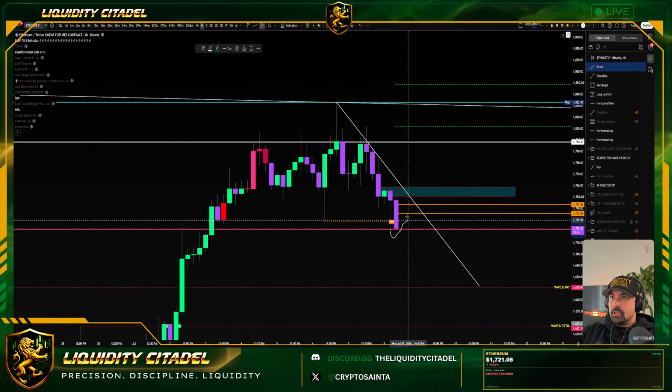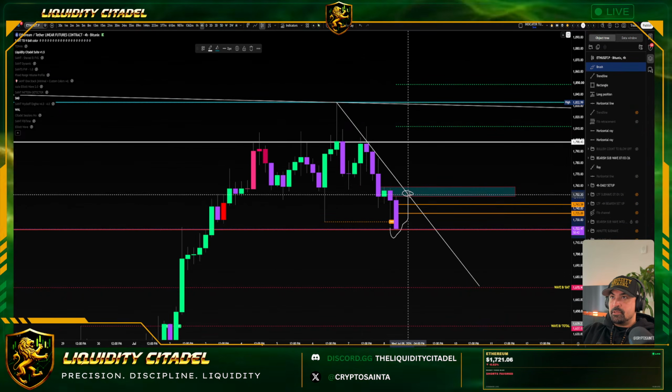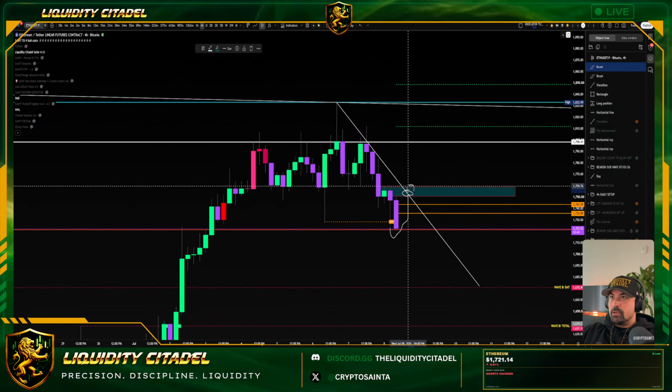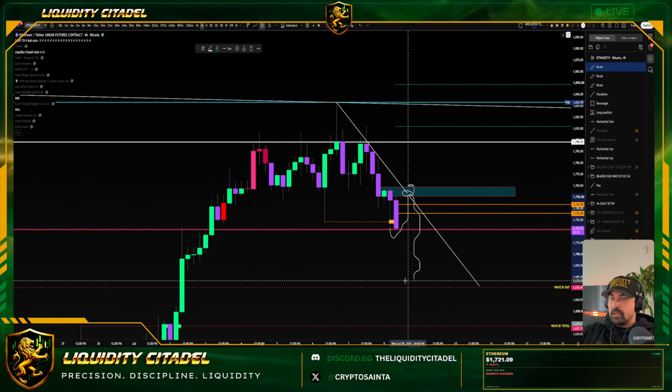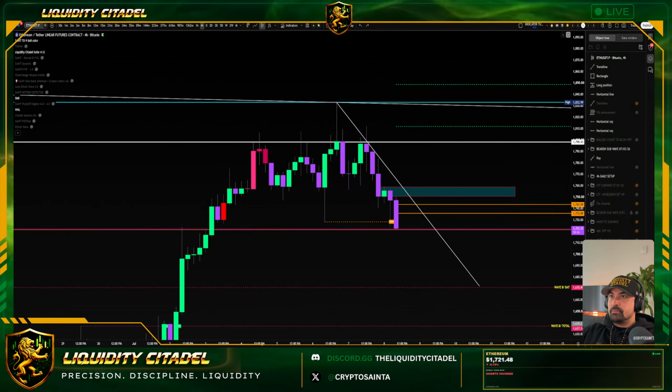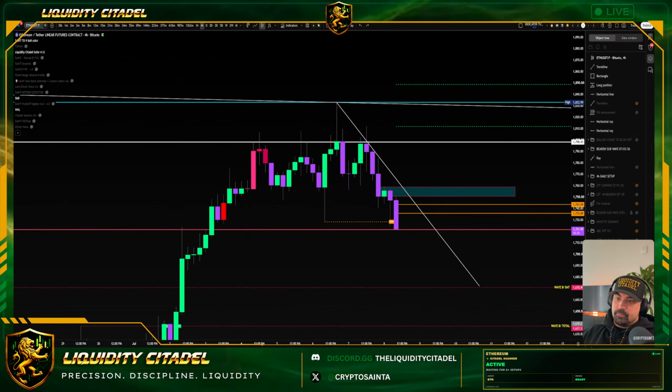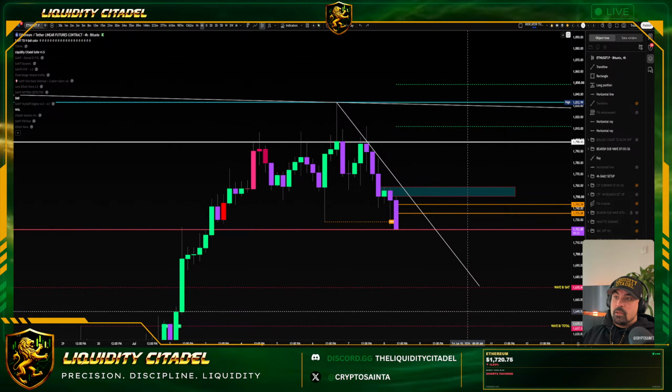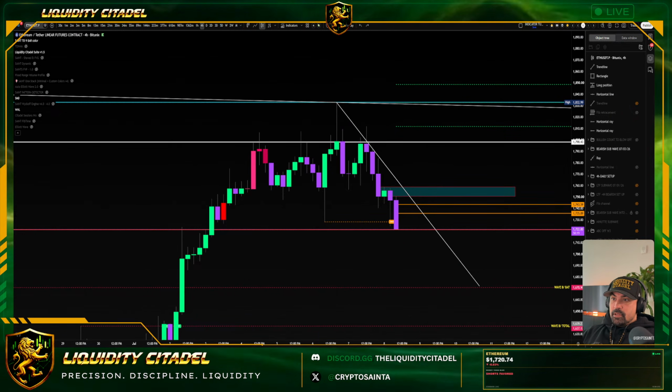So seeing a move back up, getting into this, maybe a wick, and then back down again. That looks like it wants a little bit more.